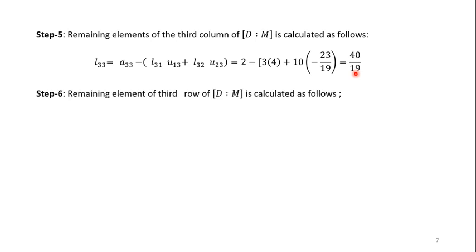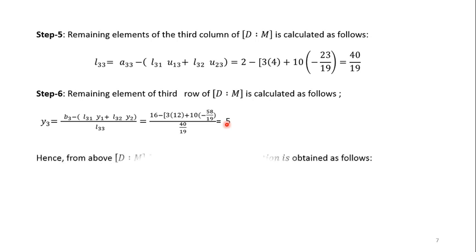Then we come to step number 6: the remaining element of the third row is calculated as follows. Y3 is equal to this formula, B3 of this, and after simplification it is equal to 5. Hence from the above derived matrix the required solution is obtained as follows.